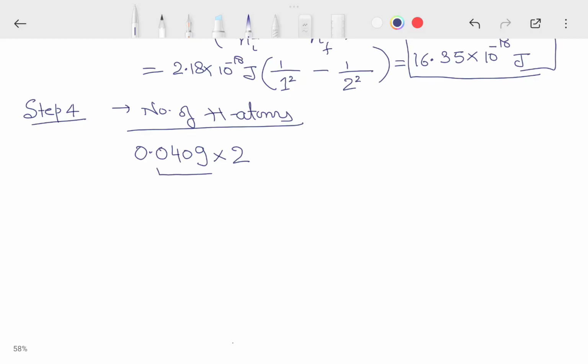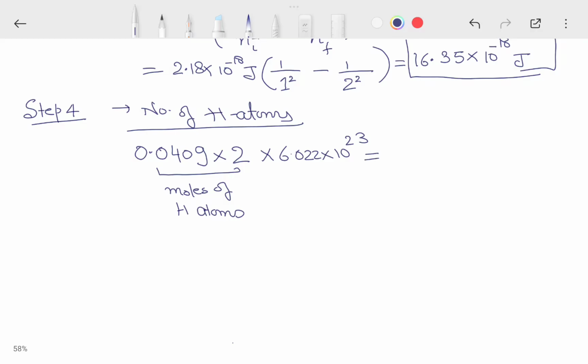So this value will give you moles of hydrogen atoms. Then we multiply this value by Avogadro number, that is 6.022 into 10 raised to the power 23.